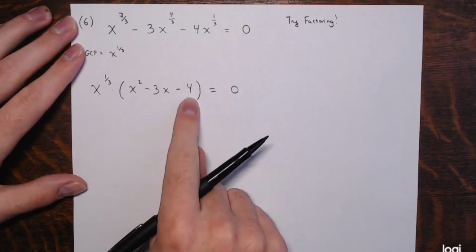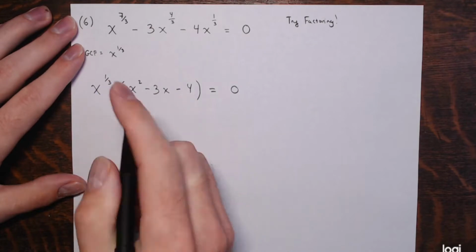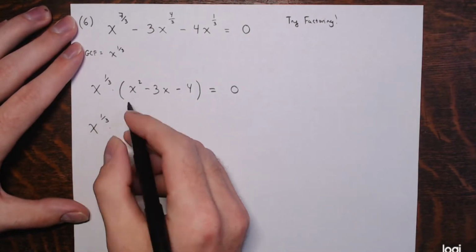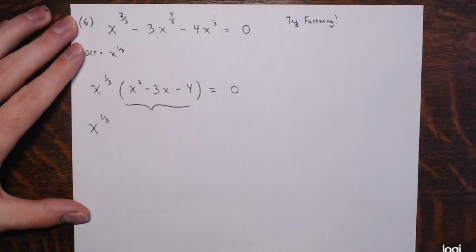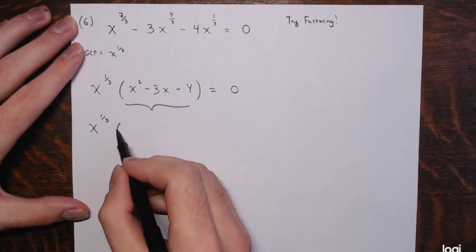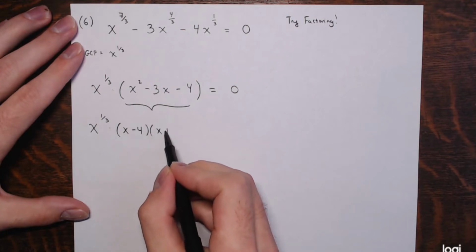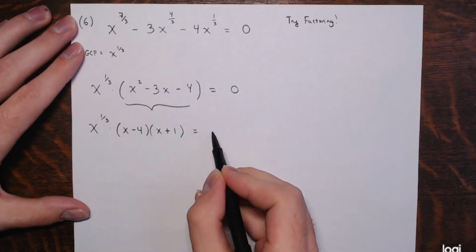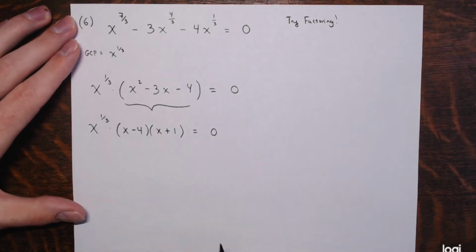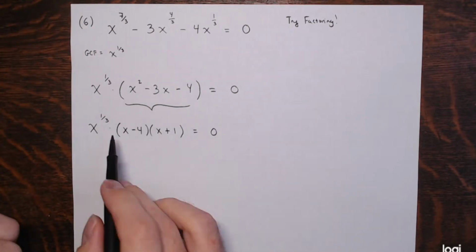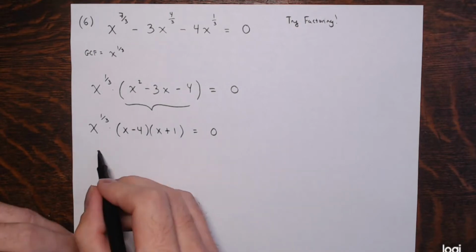And this can actually factor even further if you wish, right? So this is x to the 1/3 times x minus 4 times x plus 1. We have equals 0. And now I have factored as far as I can. And now I'm going to apply the 0 product property.